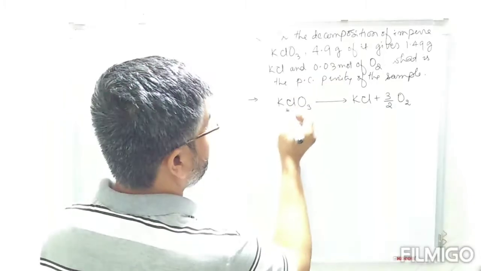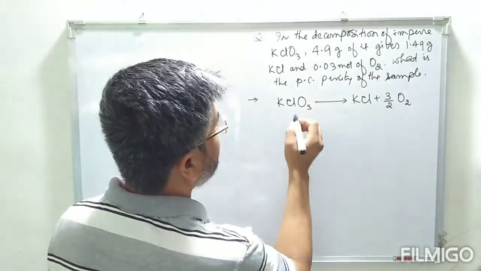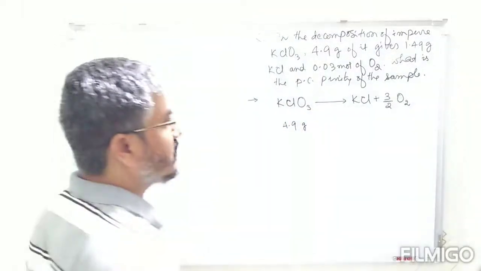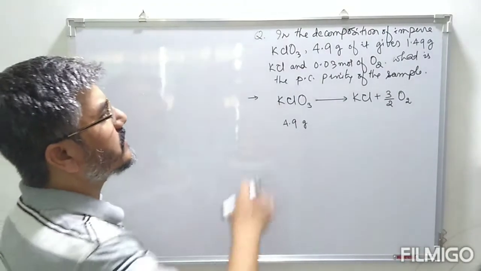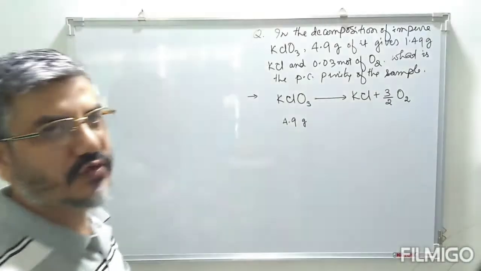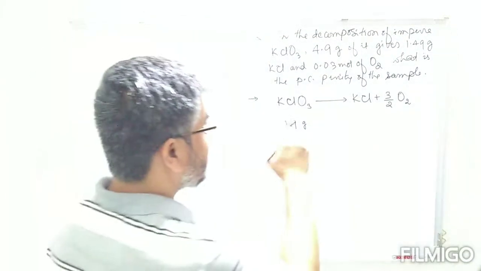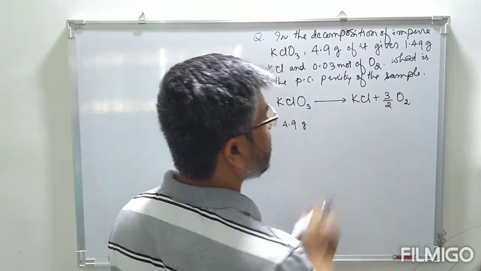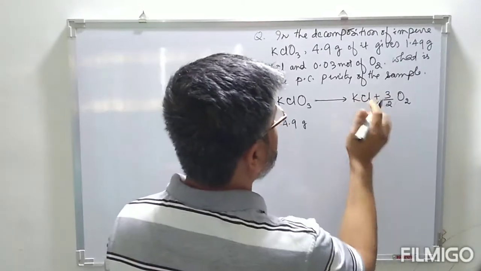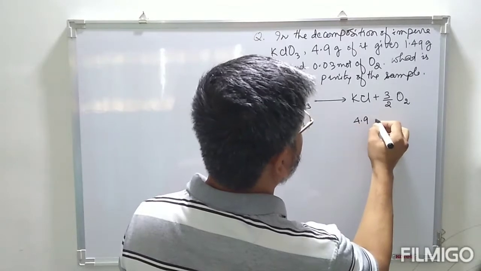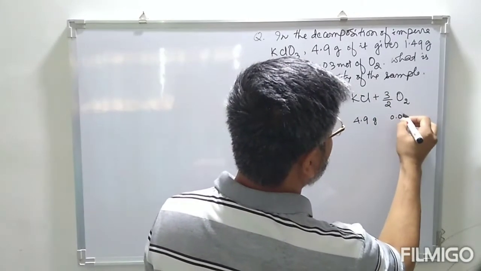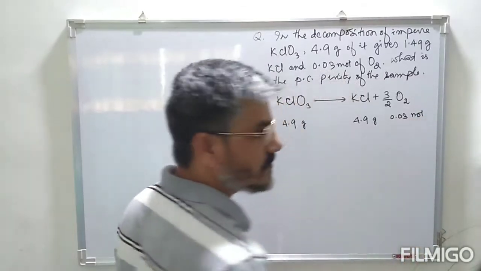Question says initial mass of sample taken is 4.9 gram of KClO3, and question clearly said this is impure. That means some amount of impurity is also present in this. When this decomposes to give you KCl and oxygen, mass of KCl formed is 1.49 gram and number of moles of oxygen is 0.03 mole.